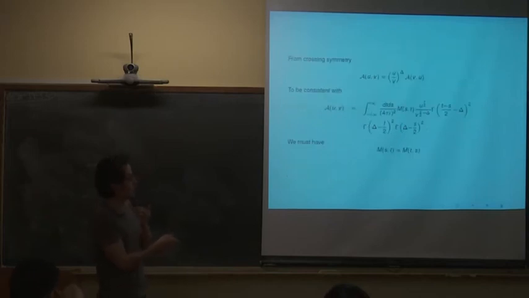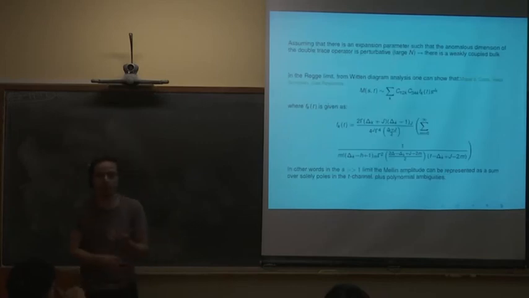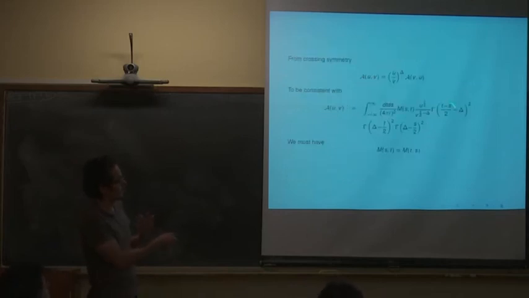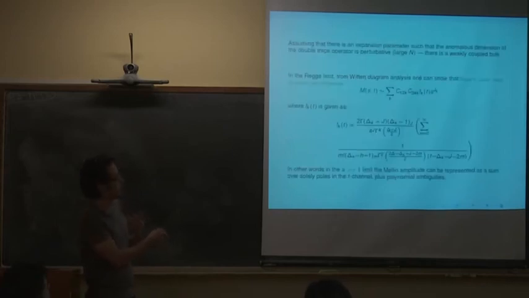That's just to ensure that in the bulk, in Witten diagram language, you're looking at really just tree exchange, and everything else is suppressed by 1 over N. On the CFT side, that statement is about the anomalous dimension, because this already gives you the canonical dimension of these double trace operators. So the loops are giving the 1 over N suppressions. If you want to remove them, that means there's a way to separate the anomalous piece using some parameter.